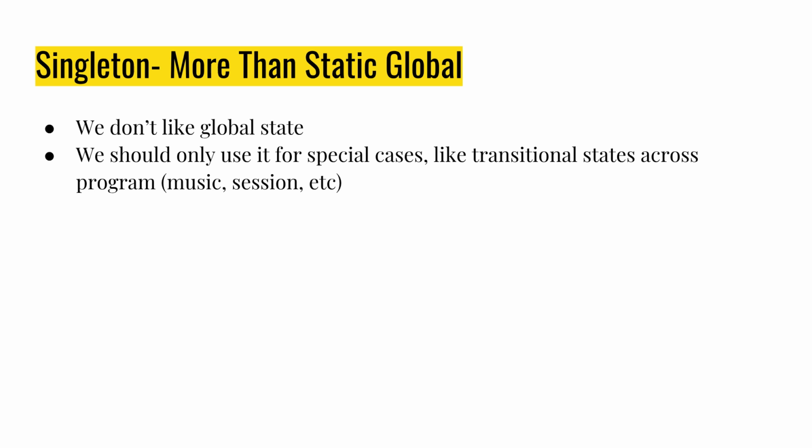For example, if you want to have a transition of a soundtrack between scenes in Unity or some game, singleton helps. If you want session, for example, I think session is also kind of a singleton, because you have HTTP context, and then you have current, and current is like an instance.